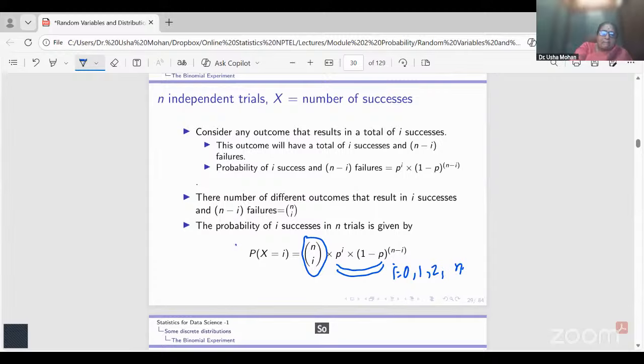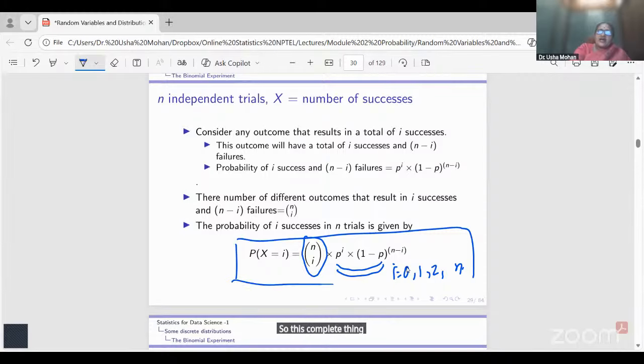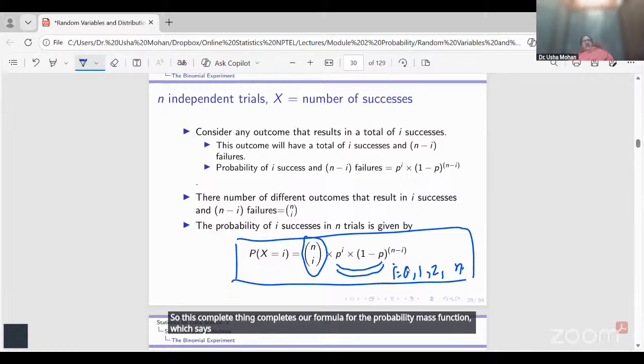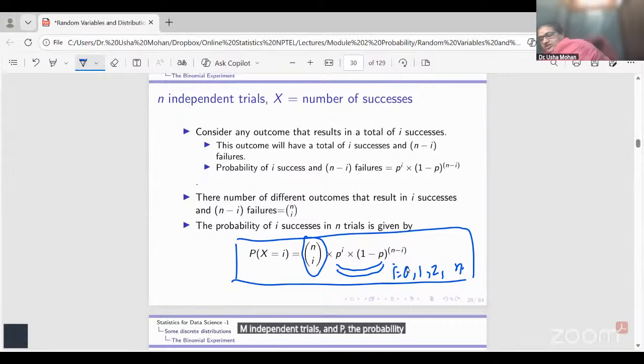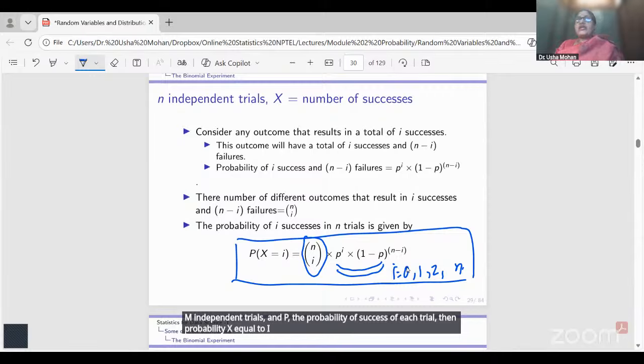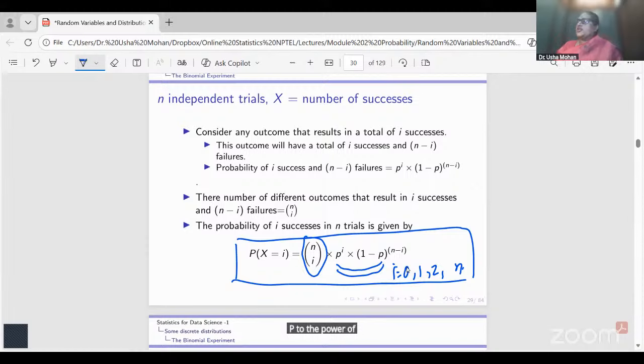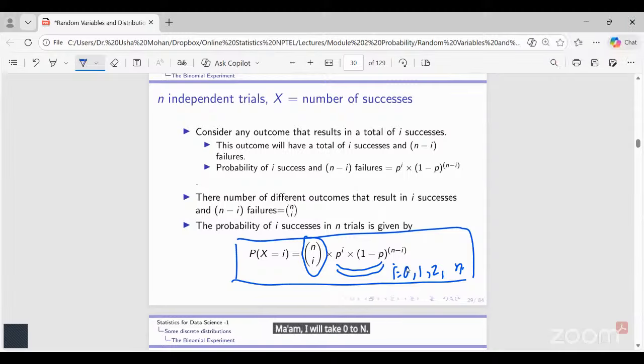So this completes our formula for the probability mass function, which says that if I have a binomial experiment with n independent trials and p the probability of success of each trial, then probability X equal to i is equal to n choose i, p to the power of i into 1 minus p to the power of n minus i. Any questions till here? Is it clear? Yes, ma'am.